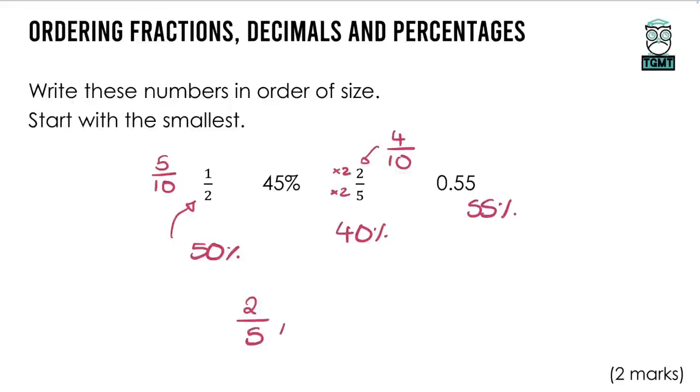So 2/5, we then have the 45%, we then have the 1/2, which was 50%, and finishing off with the 0.55. So there we go, just making sure that we use a common format to actually put them in order, but writing the original numbers back in the answer.